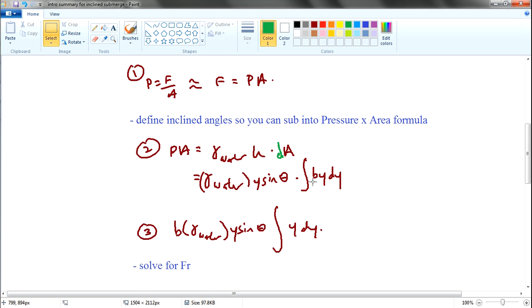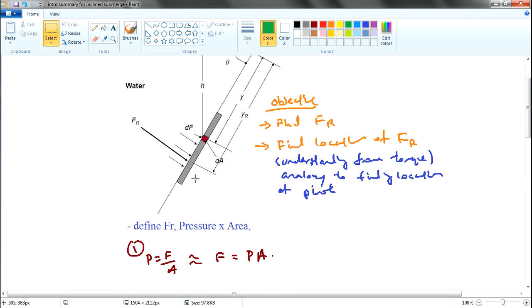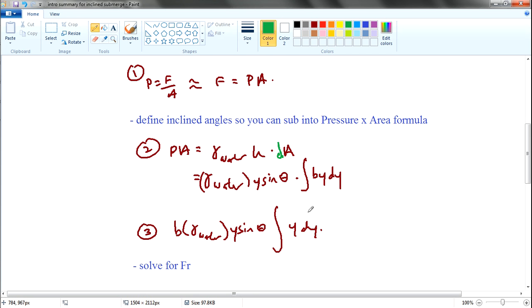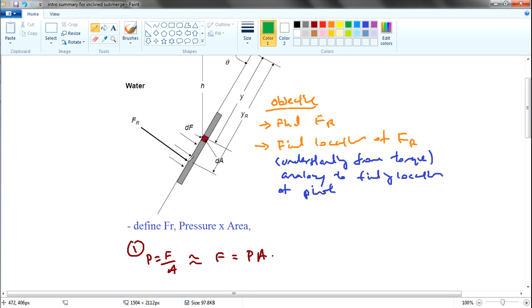And therefore, this B itself is the breadth of the plane. If it's in 3D, the length of B is actually into the picture.